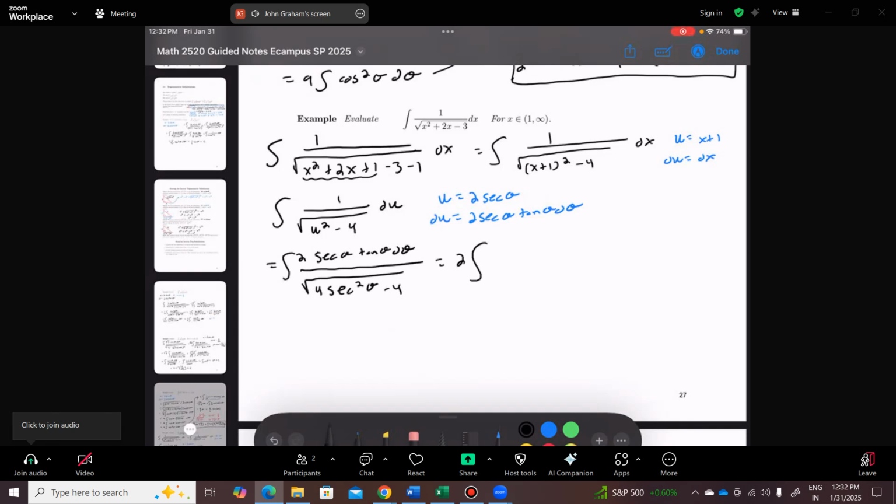Secant theta tangent theta d theta over square root of 4 secant squared minus 1. Right, square root of 4 would be 2. So we get another 2 on the outside. They will cancel here.